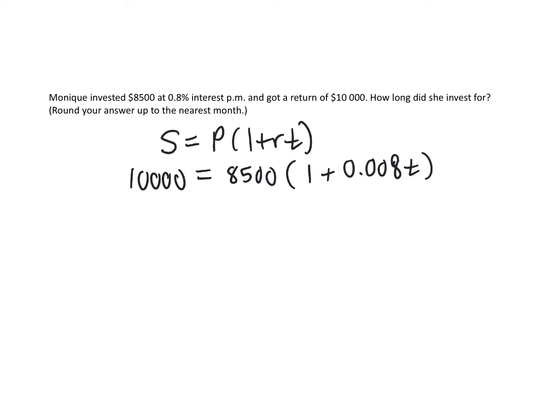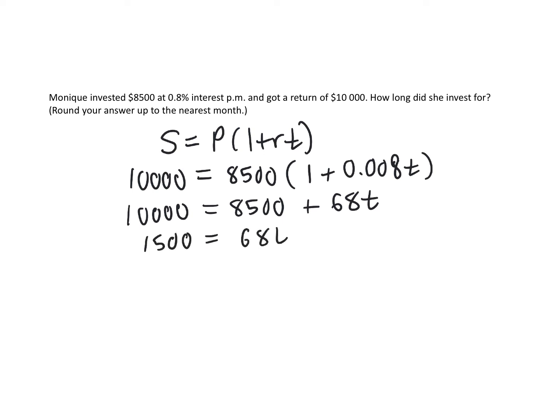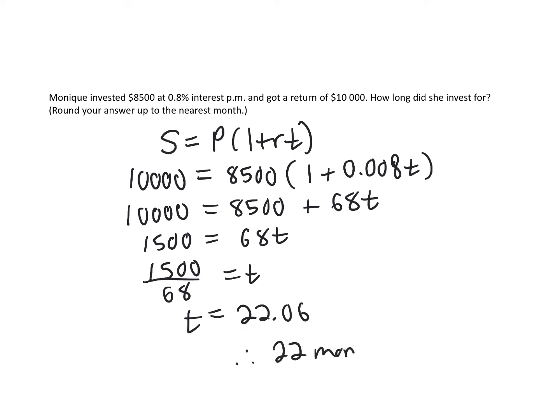Multiply it out. Subtract 8,500 from both sides. Divide both sides by 68. We get T to be approximately 22.06, so therefore 22 months, or 1 year and 10 months.